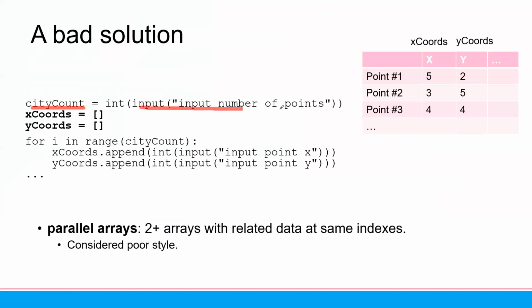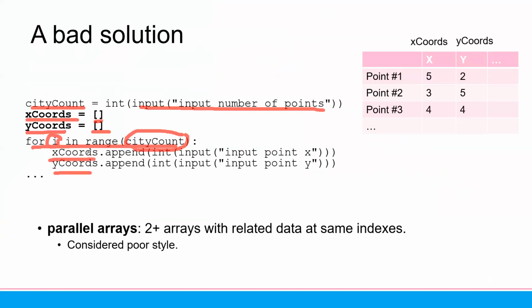So I can input the number of points, and then I will input X as one list, and I have Y as another list. And then I would like to start from i equals 0 until the city count, and let's input the coordinates.